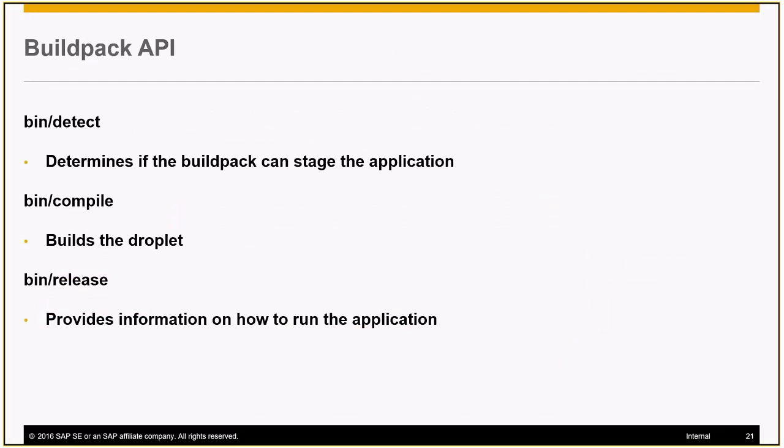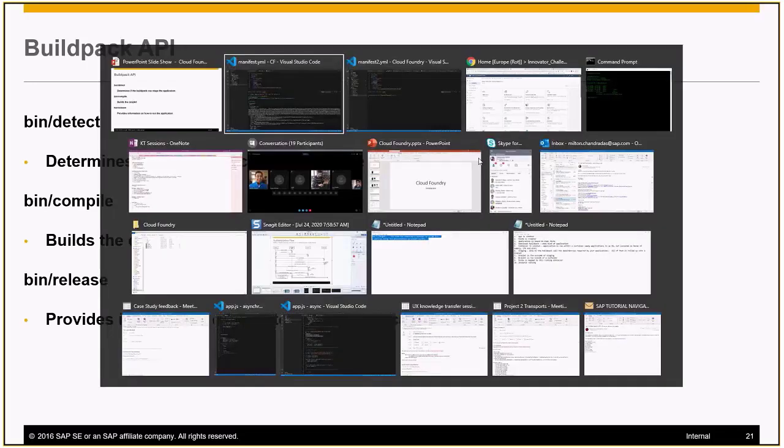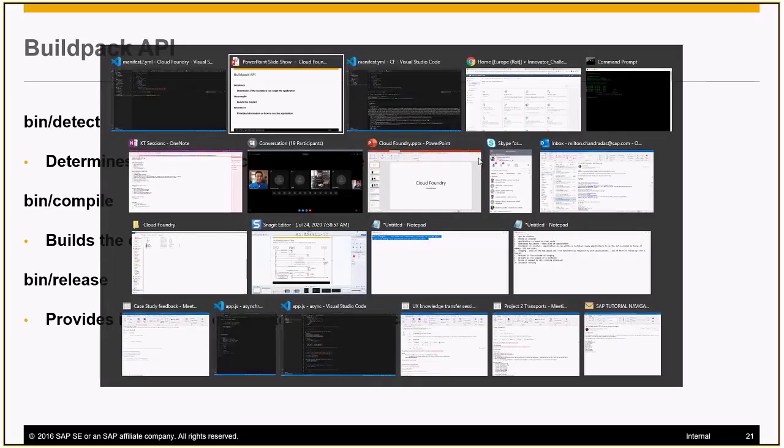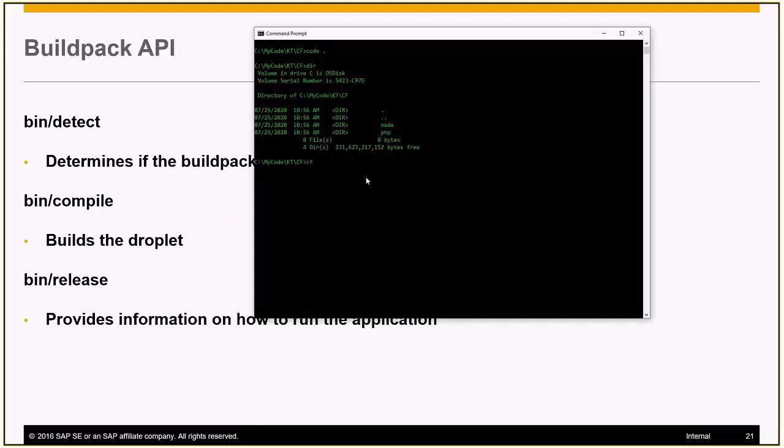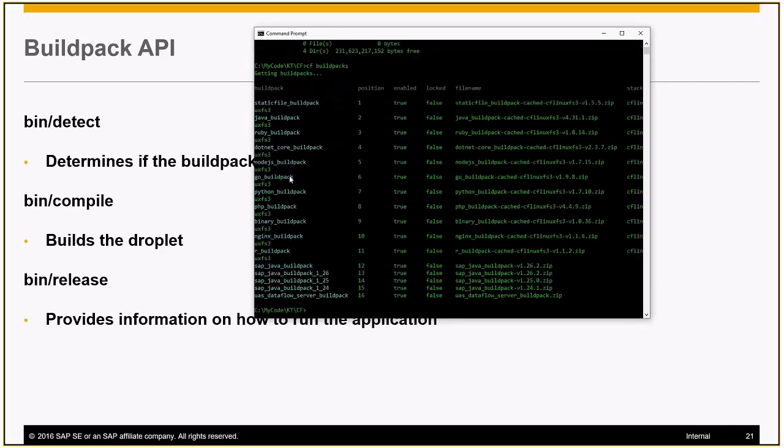Now, Buildpack has 3 main APIs. First is, hey, can the Buildpack stage the application? Every Cloud Foundry instance ships with a set of Buildpacks. If I go CF Buildpacks, you can see all these Buildpacks that SAP has in their Cloud Foundry environment. But you can bring your own Buildpack as well.